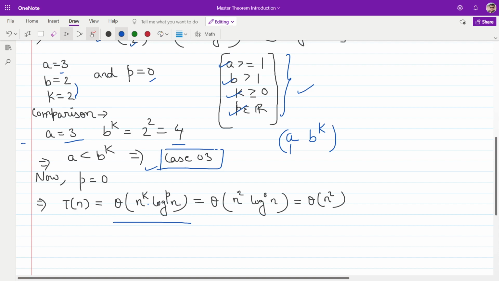After putting in k is equal to 2 and p is equal to 0, the time complexity is theta of n raised to the power 2 multiplied by log n raised to the power 0, which means the time complexity for this recurrence relation is theta of n square, and this is our answer.